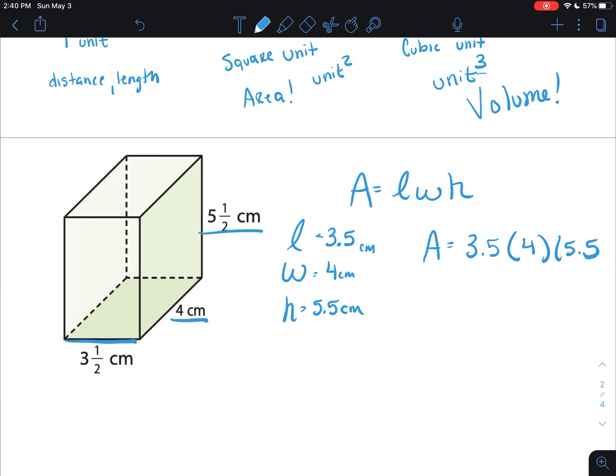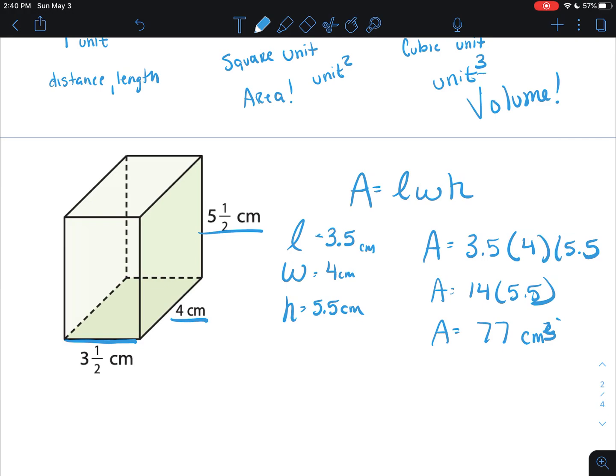So you can do it step by step, or all together at once. That's fine. I'm going to do it step by step. So 3.5 times 4 gets 14. 14 times 5.5. Your volume is 77 cubic centimeters.